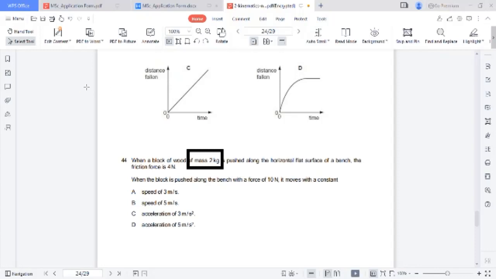The friction force is 4 Newton acting on it. When the block is pushed along the bench with a force of 10 Newton, it moves with a constant velocity.